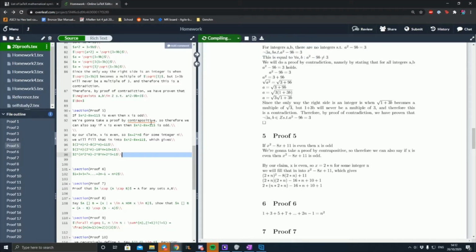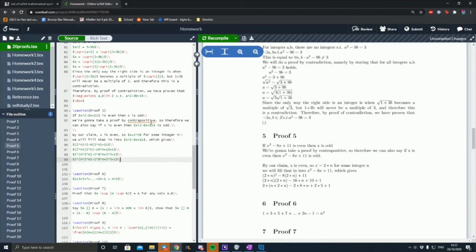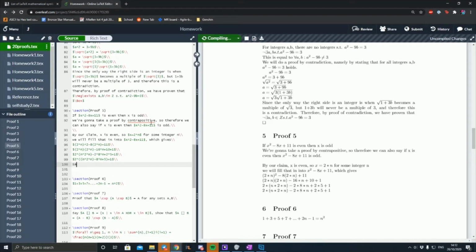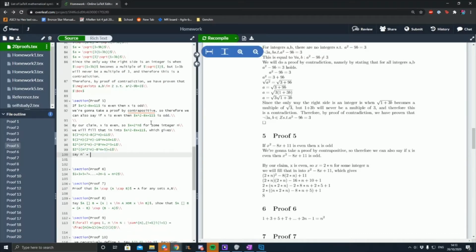So everything we have done so far is just logical. It's just taking the 2 out. So then I can take 2 times this whole thing, and then this one, and then this one. Plus 1. Say n prime is equal to this whole thing.